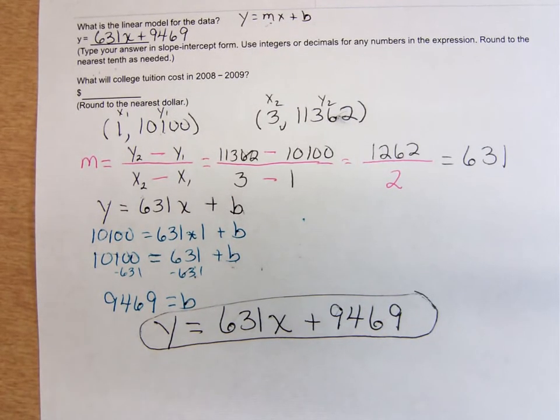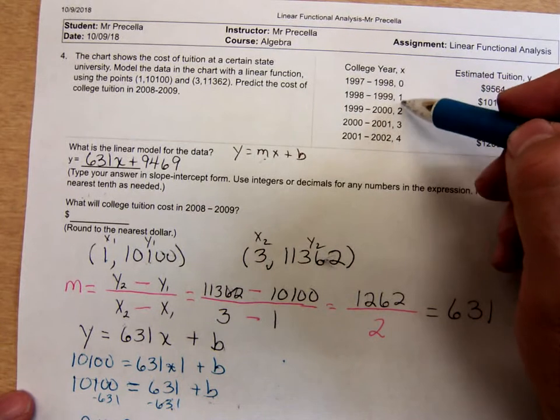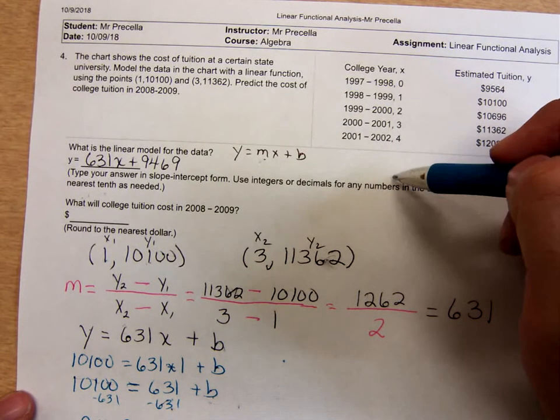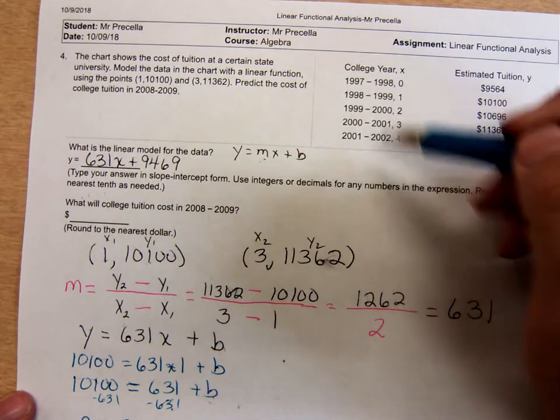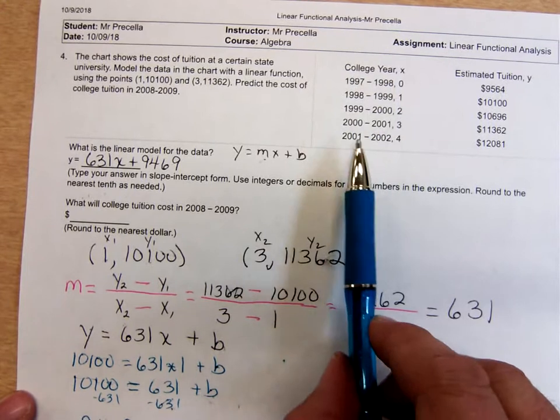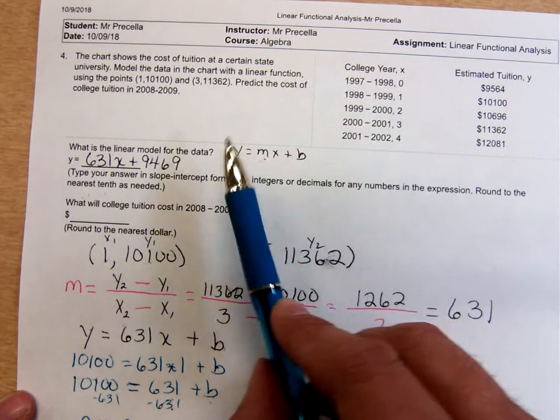Now, next it says, what will the college tuition cost in the year 2008 through 2009? Well, let's look at what these X's are. Look at how these X's are the number of years since 1997. Remember, with school years, you have fall and spring, and it spans a calendar year.